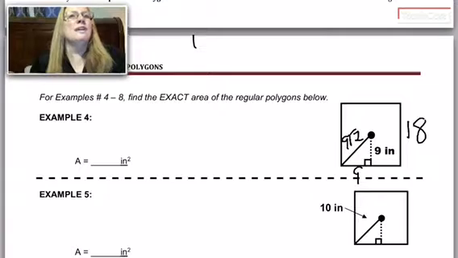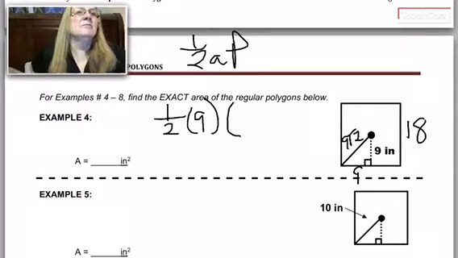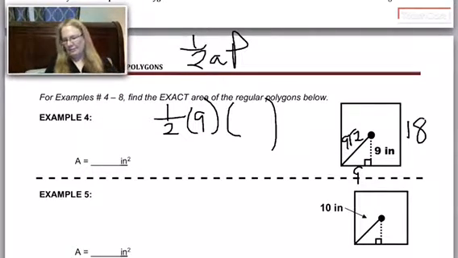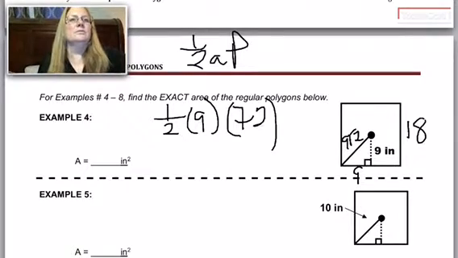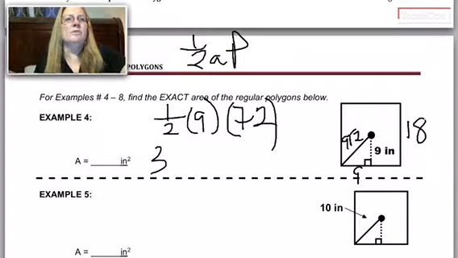So we have 1/2 a p. So 1/2 times 9 times, what is 18 times 4? That is 72. And that is 324.